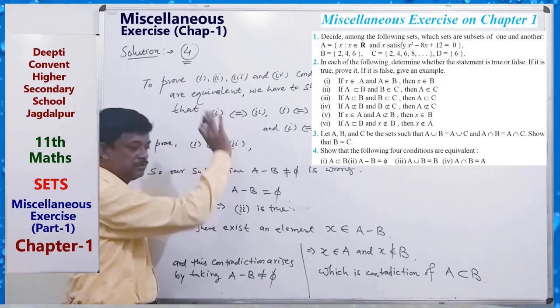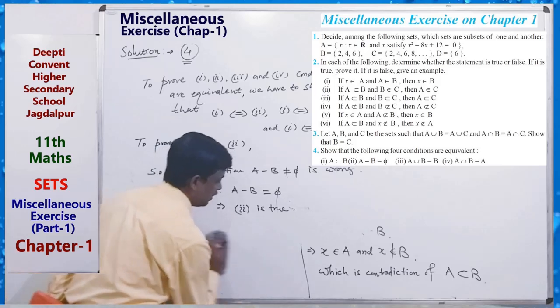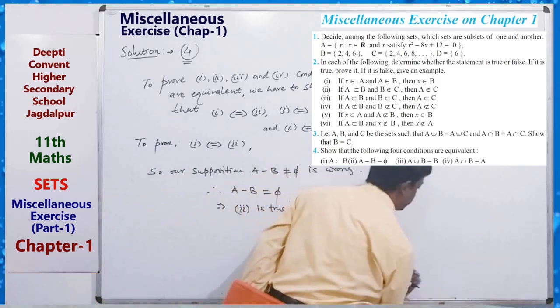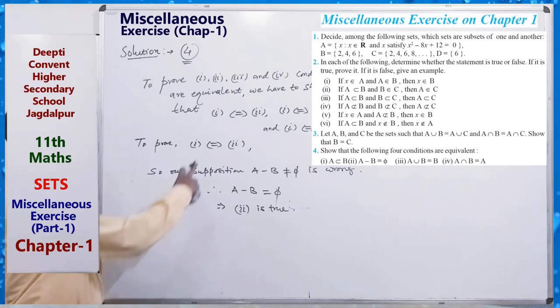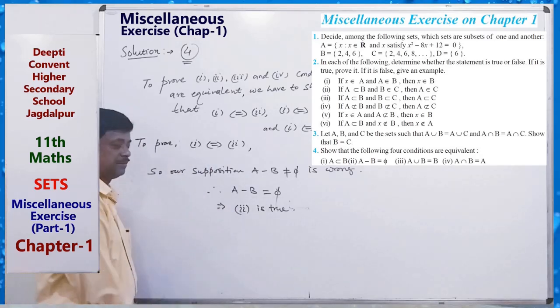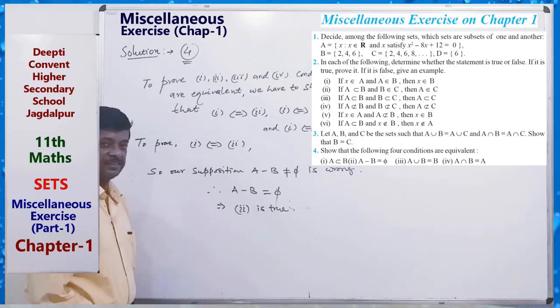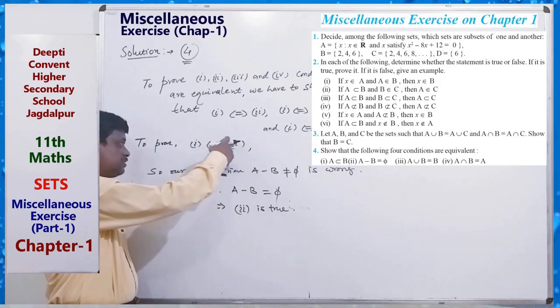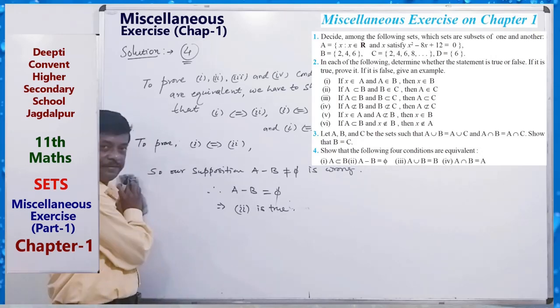Taking first to get second. This is our first part for proving this. First implies second. Clear? Now, other part. Now taking second, we have to get first. Clear?